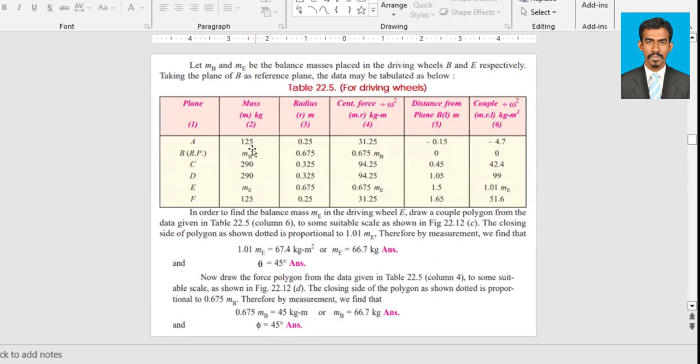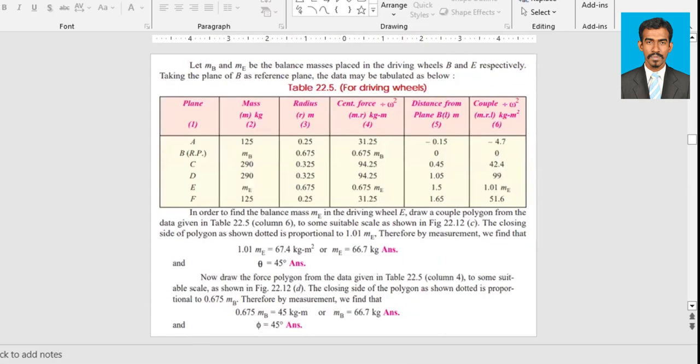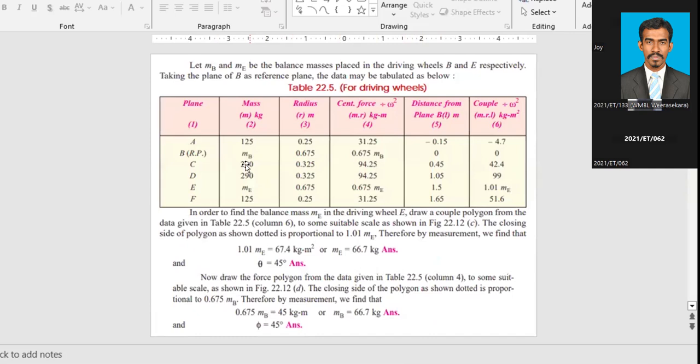We have to find them. So the masses are MB and ME. And the known masses which need to be balanced in cylinders C and D are 290 kilogram, according to what we have found. So for cylinder C as well as for cylinder D, the mass to be balanced is 290 kilogram.